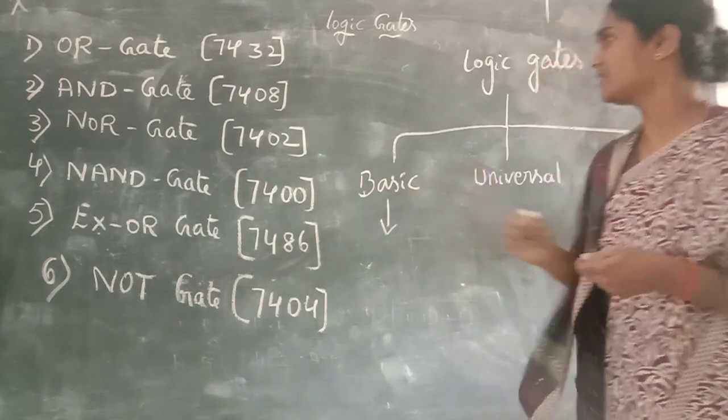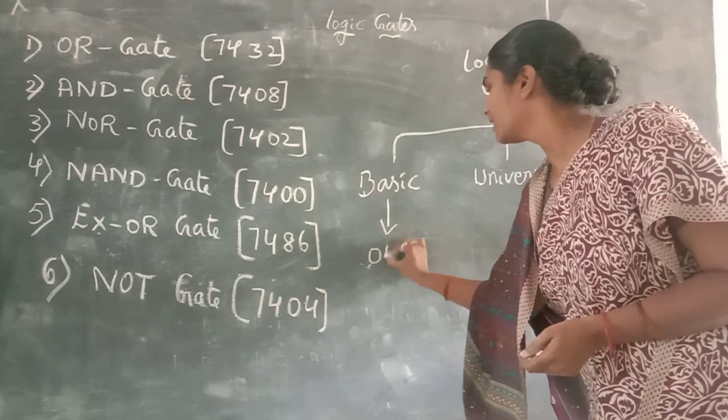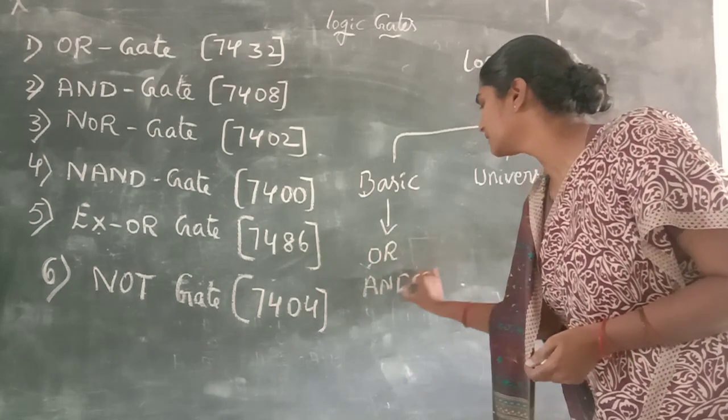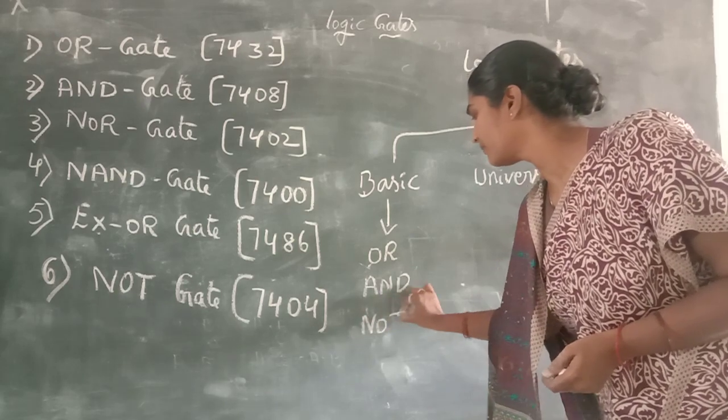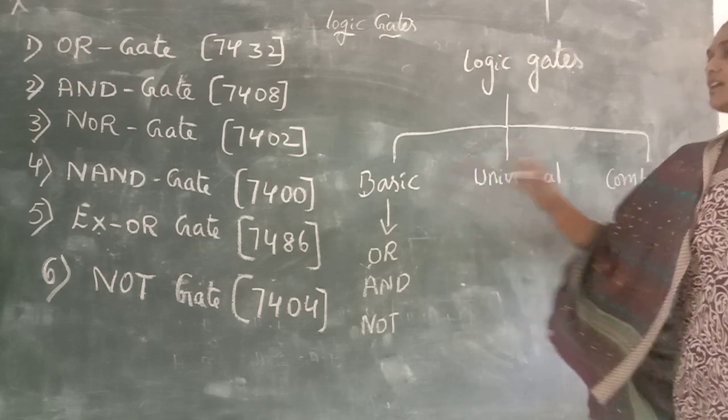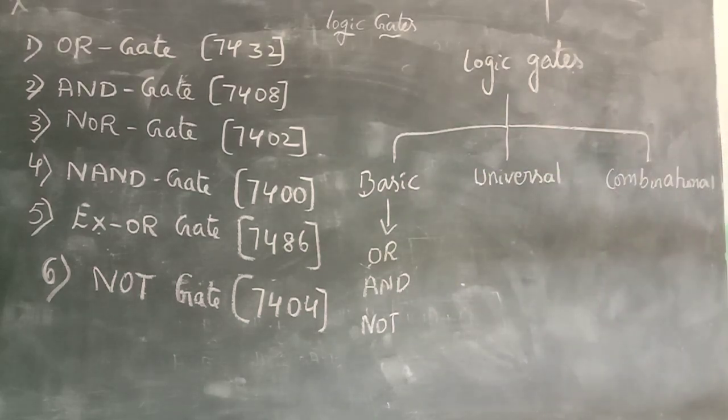Coming to the basic logic gates, they are OR, AND, and NOT. OR gate, AND gate, NOT gate belong to the basic logic gates.